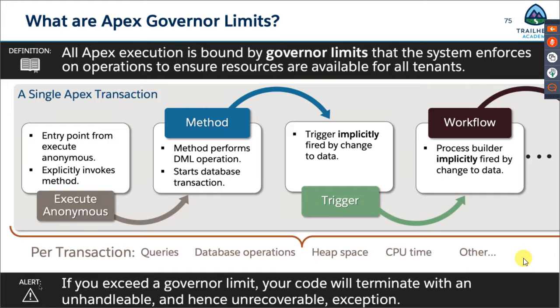So if you are creating a record and you click on the save button, that information goes to Salesforce, and your transaction starts right there. It does all you have to do. At the end of it, it will commit the data and it will return back saying the record has been created or something. Okay, that's what an Apex transaction is. And the governor limits are bound to those transactions. All right, cool.